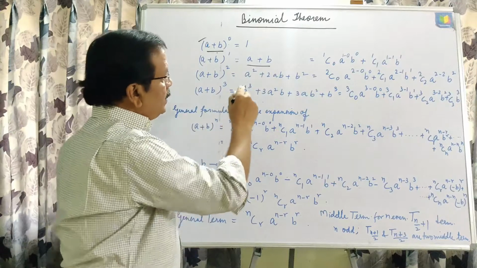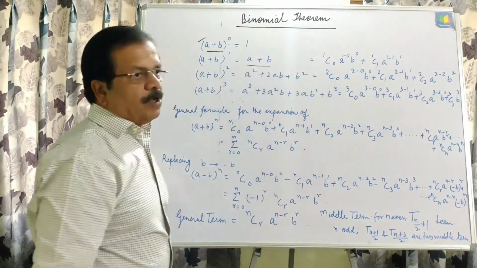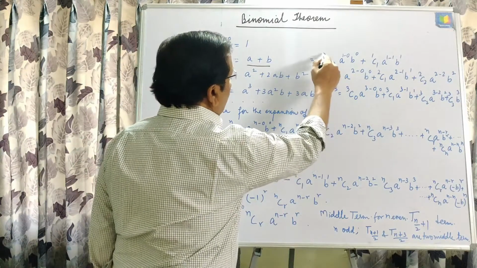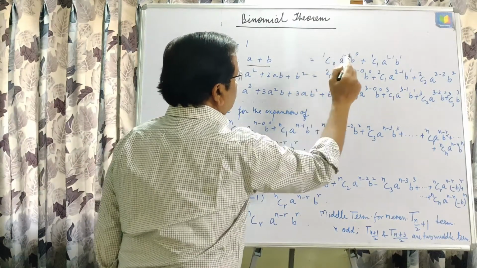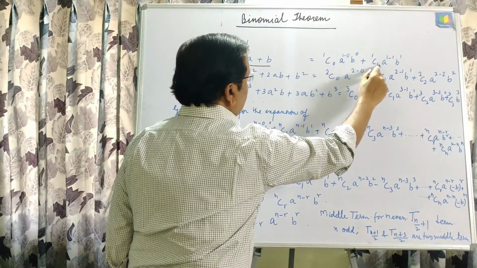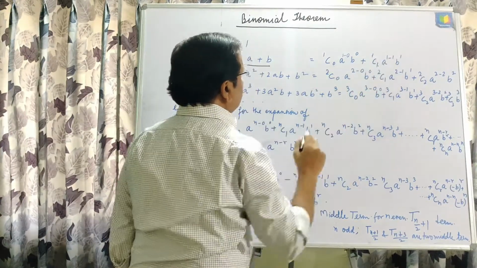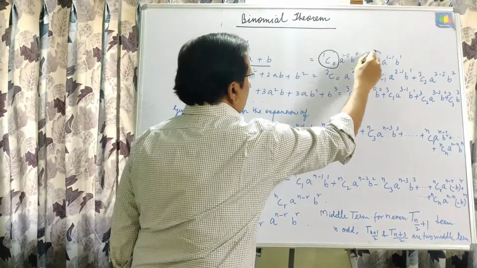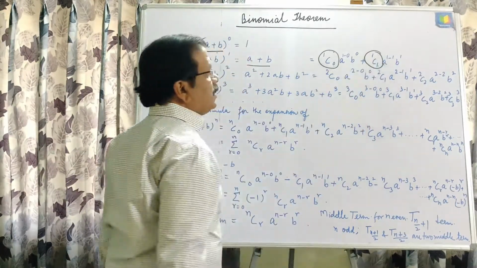And (a plus b) to the power 1 is a plus b, and this can be written in terms of combinations, that is 1C0 a to the power 1 minus 0 b to the power 0. In the same way, 1C1 a to the power 1 minus 1 b to the power 1, and these terms are called binomial coefficients.